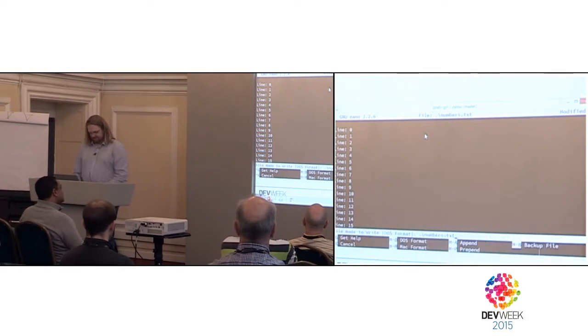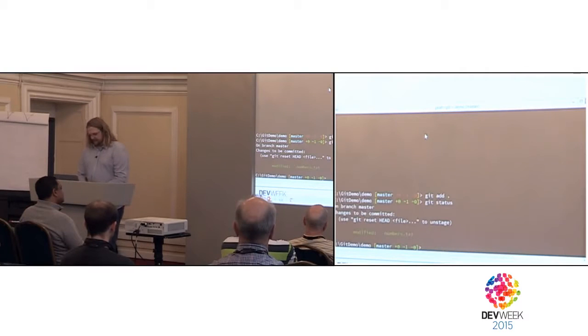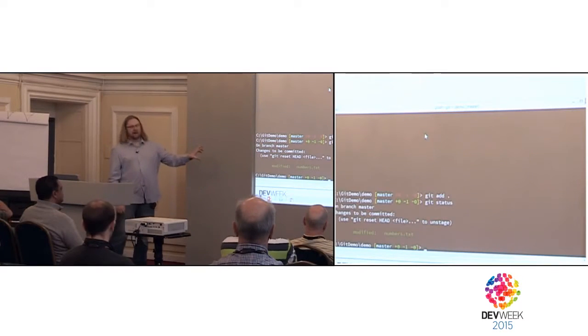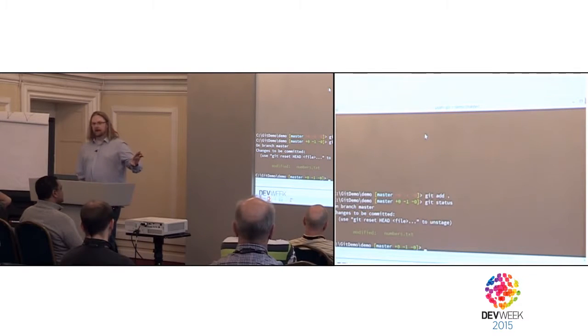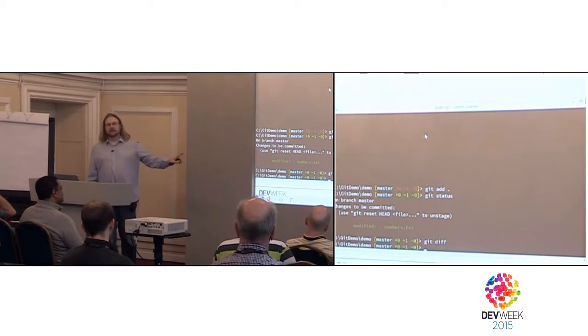Okay. And I'm going to add that to my staging area. So if I look at the status, my status tells me that I have a modified file. Okay? And my diff is currently blank because I've staged my changes.